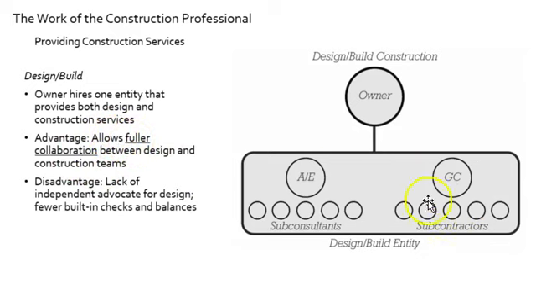So when this team is all working together towards the same goal and contractually, legally obligated to do so, you could get better results. These two are talking from the start of the project. The disadvantage, lack of independent advocate for design, fewer checks and balances.